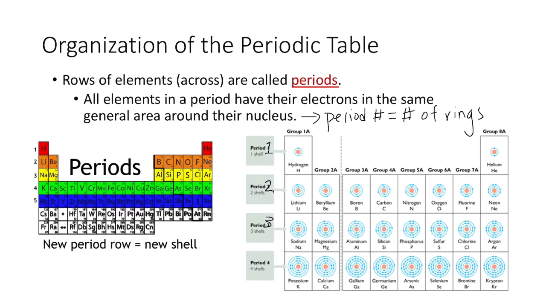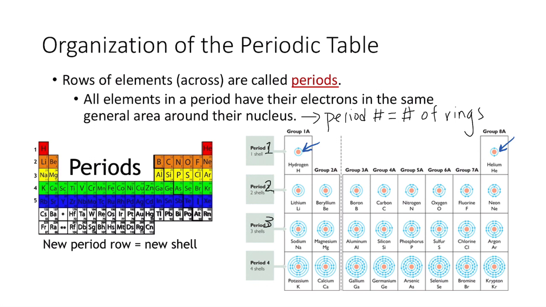So think back to Bohr models. So here you can see what looks like a Bohr model. So for example, if we look at period 1, you can see that there is one shell or one ring. Same with over here. For helium, it's still one shell or one ring. Period 2, you're now seeing 2 rings across all of them.